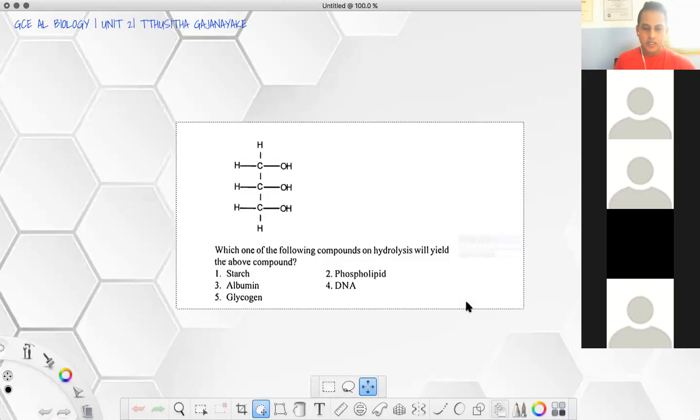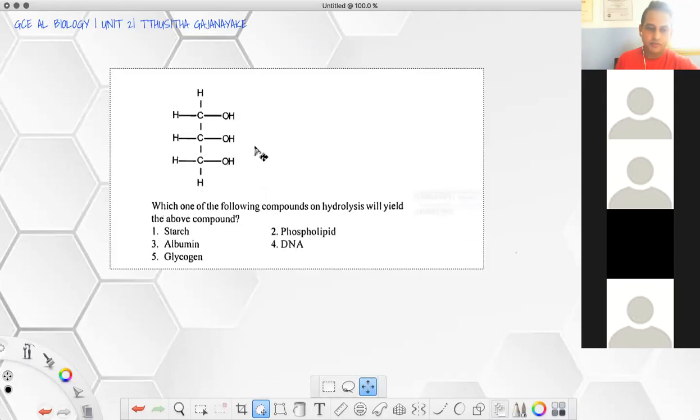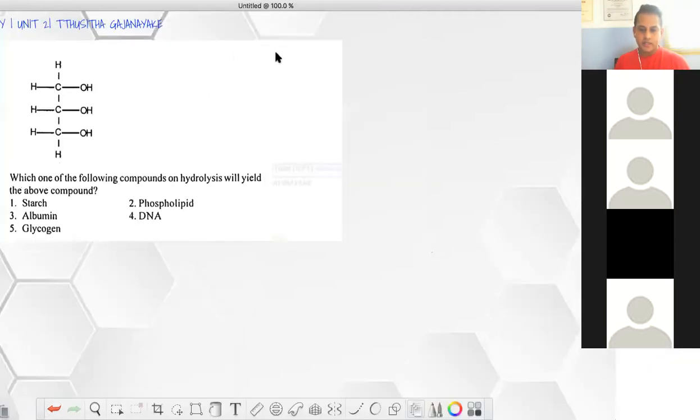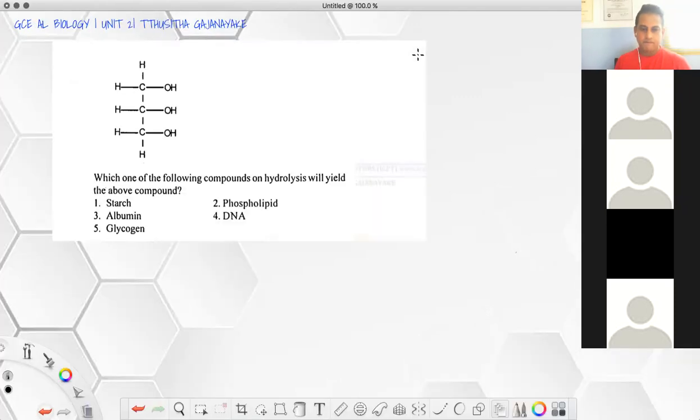Okay, let's see the answer for this question now. Which one of the following compounds on hydrolysis will yield the above compound? I think last time Disat sent the answer correctly. Yes, this is a glycerol molecule. Now, what is hydrolysis?